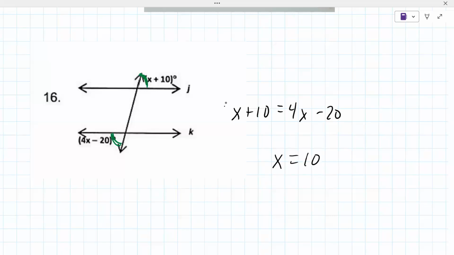Good. So if you actually had to find the angle measures, the x plus 10 would be 20 degrees. What would y be? Y is kind of this one right here. 20 degrees? They're not congruent. They make a linear pair. So what do they add up to? Oh, so 180. So that's 160. Yes, there you go.